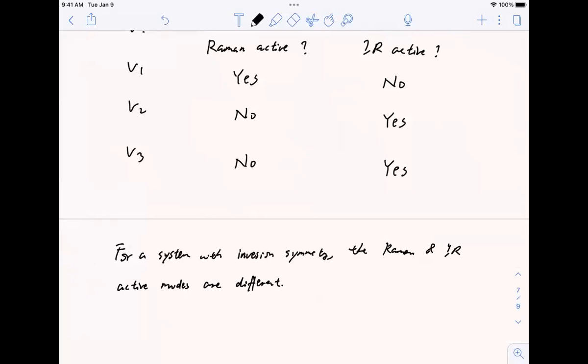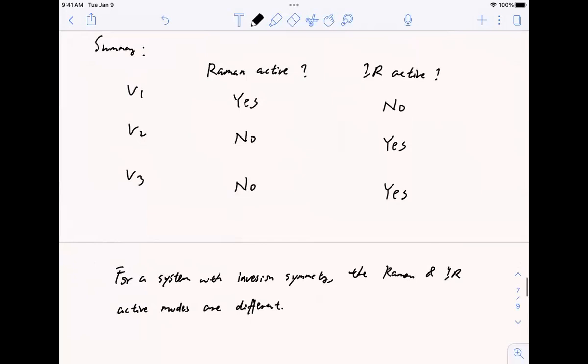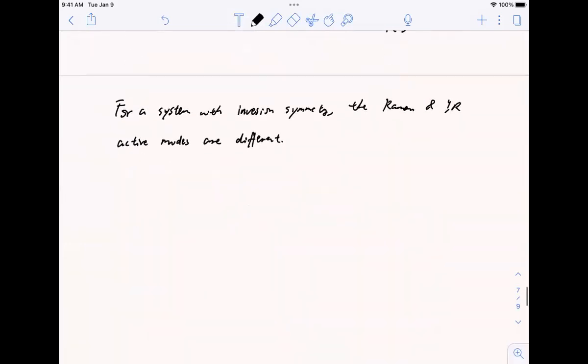Are always different. And they are opposite to each other. And if you have a system that has no inversion symmetry, then some of the modes can be both Raman active and infrared active. So let me give you a common example.